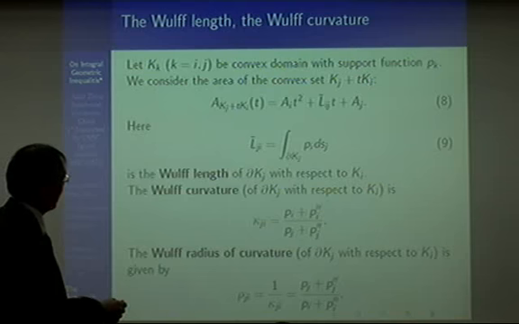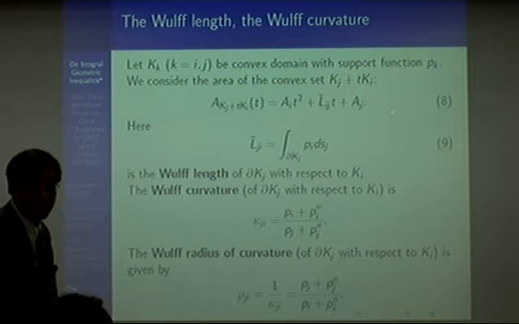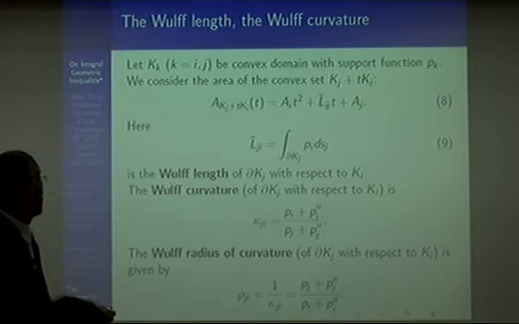Since Ki and Kj are convex, T Ki is just a dilation. This is a Minkowski scalar product, and this is also a convex set. Two convex sets give a Minkowski sum. It's well defined. Then we consider the area of this convex set.